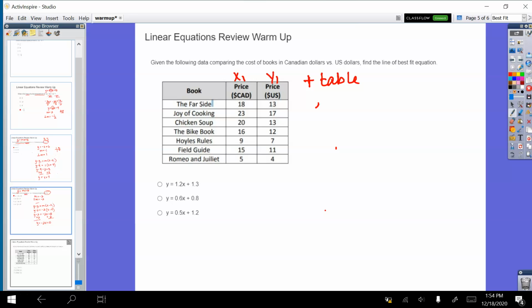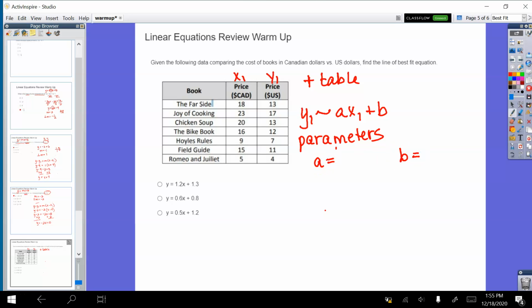Once you do that, on the next line, you're going to write y1 tilde ax1 plus b. Then you're going to get some statistics, and underneath the statistics, you're going to see something called parameters. You're going to have a is equal to and b is equal to.